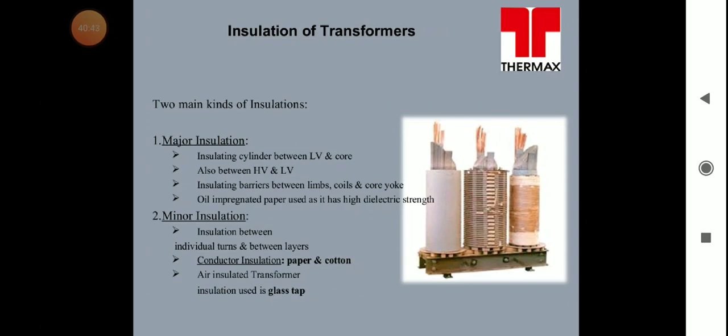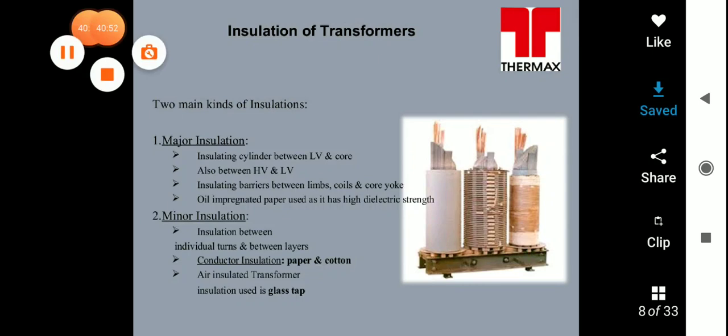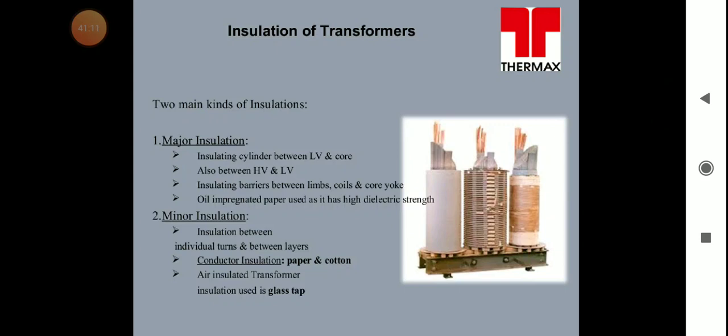Oil impregnated paper is used for its high dielectric strength. Minor insulations are also there: insulation between the individual turns, between layers, conductor insulation, paper or cotton we may use. In an air insulated transformer, the insulation used is glass tape.